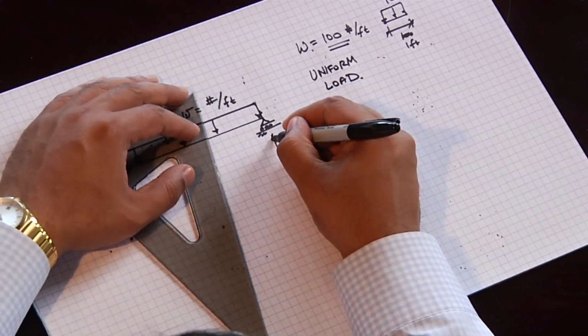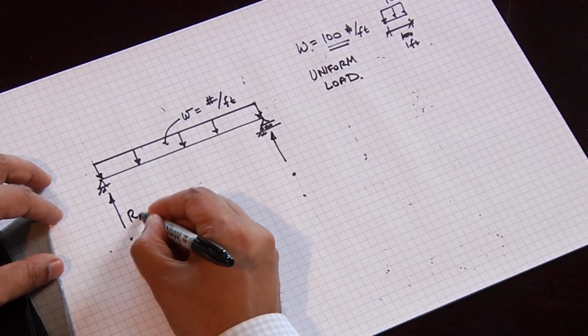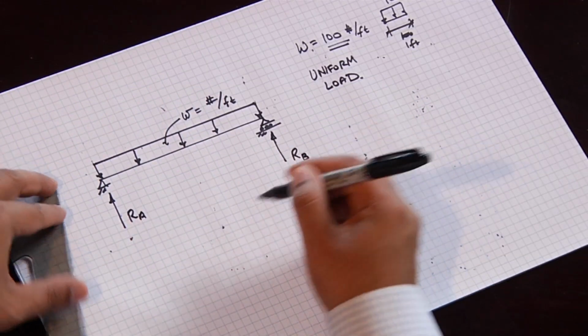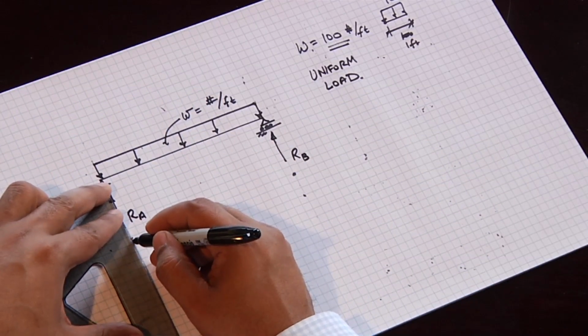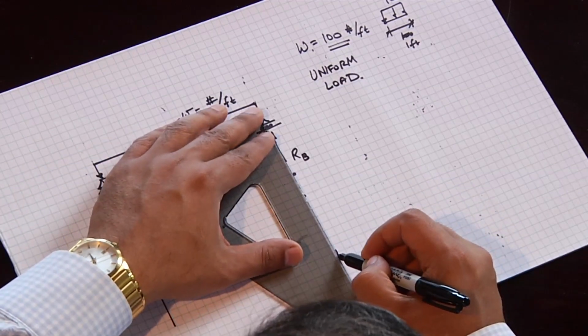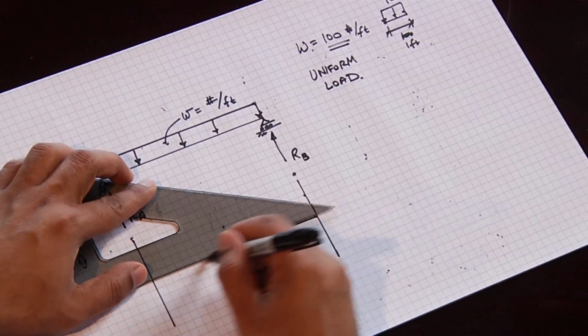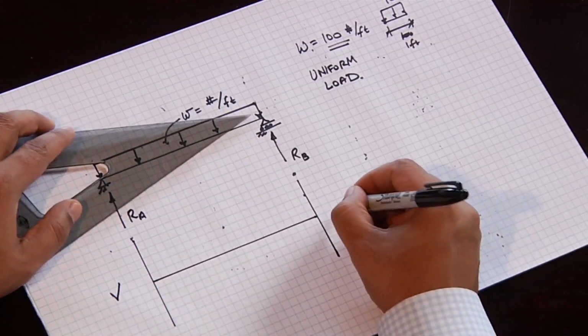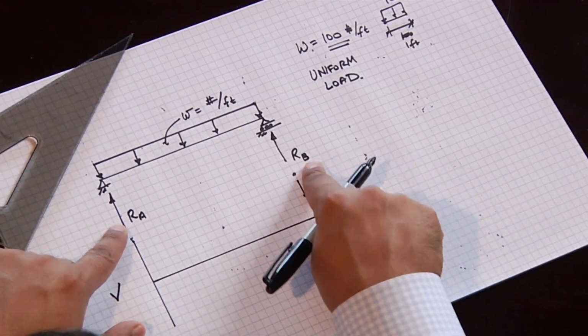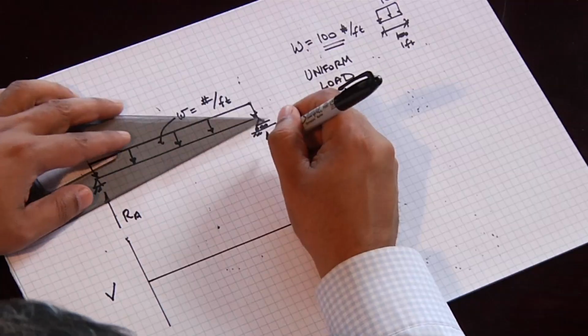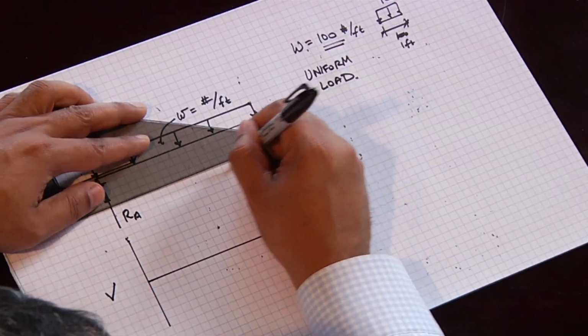So now again, we draw our lines. We have two reaction points, RA and RB. We draw our lines down, and we draw our horizontal axis. The first thing we have to do is compute the reactions. Let's also put a span on here.